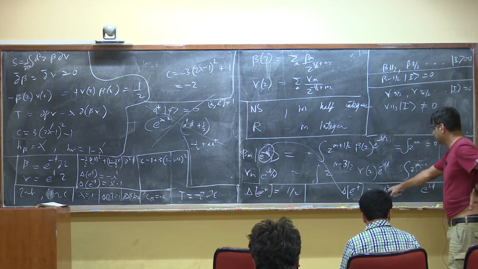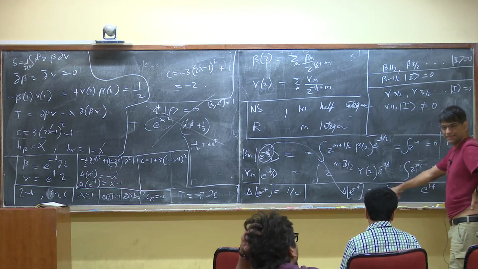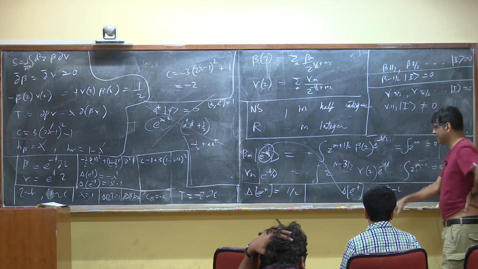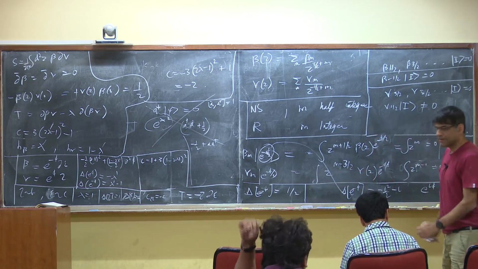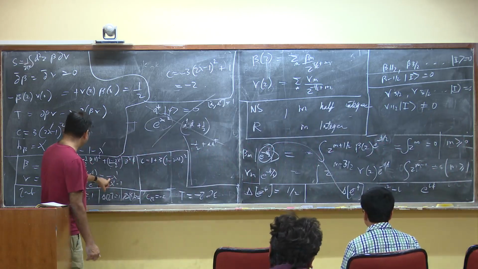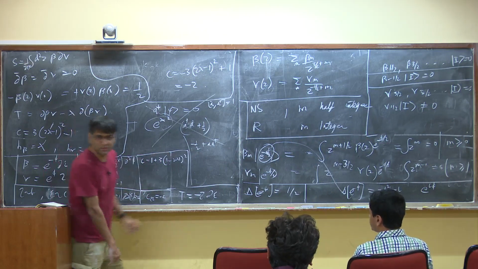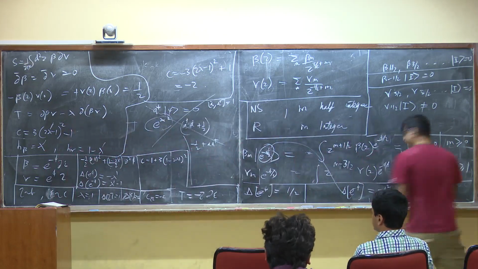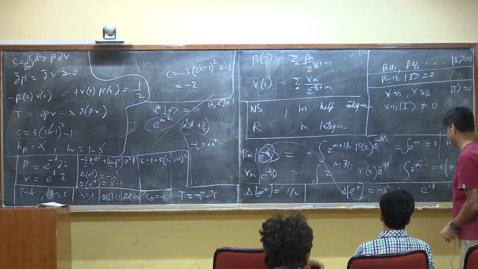For L equals minus 1, that's minus half, plus 1, so that gives the half there. For L equals minus 2, that's minus 3 by 2. That also works.